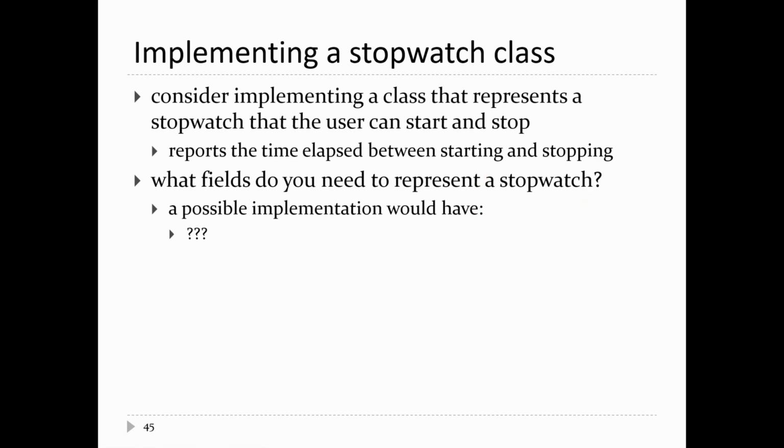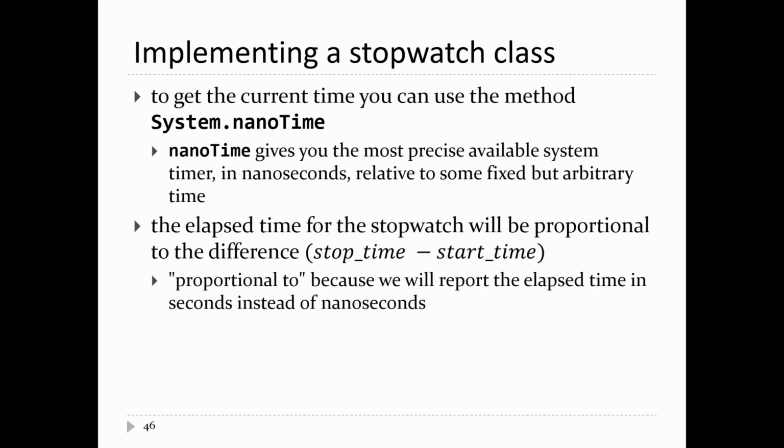Implementing this thing is not so obvious, in particular because you don't know how to get time from Java. So I have to tell you a little bit about how you can actually get time from Java. To get the current time, there is this method called System.nanoTime.